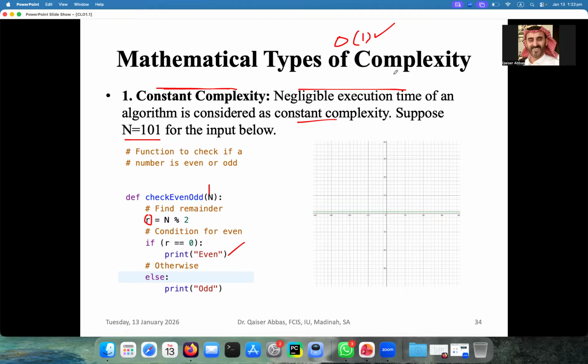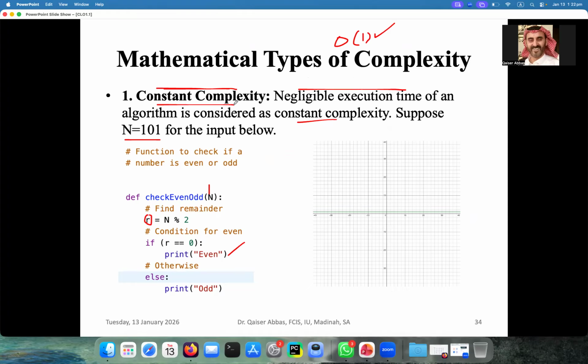Now, mathematical types of complexity. Here, when I say constant, we are again going towards the concept of running time. Normally in our practice, we don't calculate space complexity because space is not an issue anymore. Space is cheap and available in abundance.